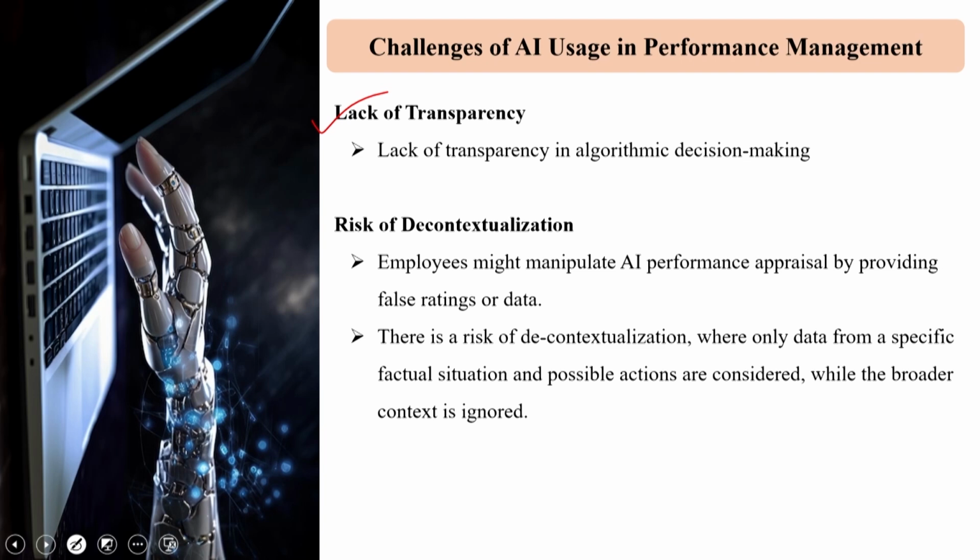Given that HR decisions can greatly affect individuals and society, ethical considerations are vital and crucial when it comes to decision making. So AI's reliance on, let's say, pattern recognition often falls short of providing the nuanced reasoning needed for such important decisions.